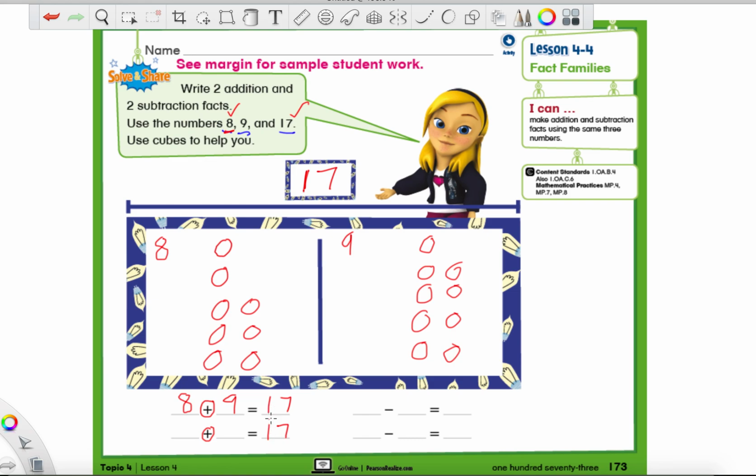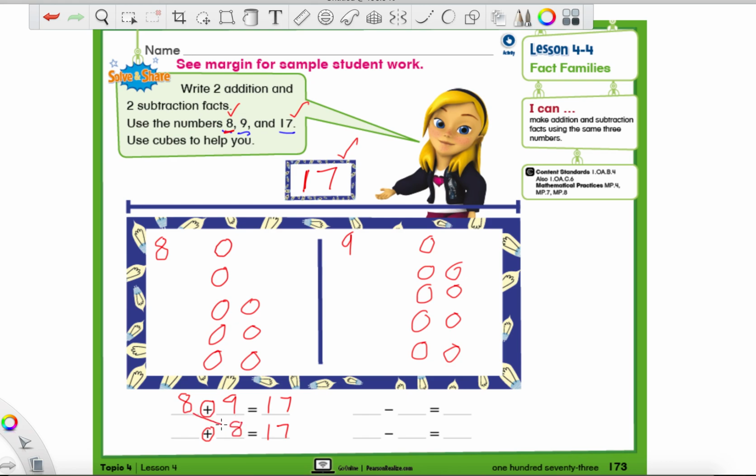So we have our 17, right? Both of these have 17? Yes, they do. So check. But now we need to figure out where to put the 8 and the 9. We cannot put them in the same exact spots. We have to flip-flop their spaces. So if we put 8 first in the first addition problem, we have to put the 8 second in the next one.